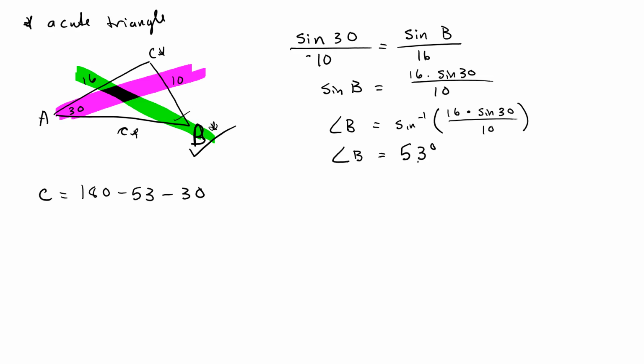It's 53. There are only 3 angles, they all have to add up to 180. So that means that C is 97 degrees. Now, since we know the angle C, we can use this couple of information to find out the length of C.